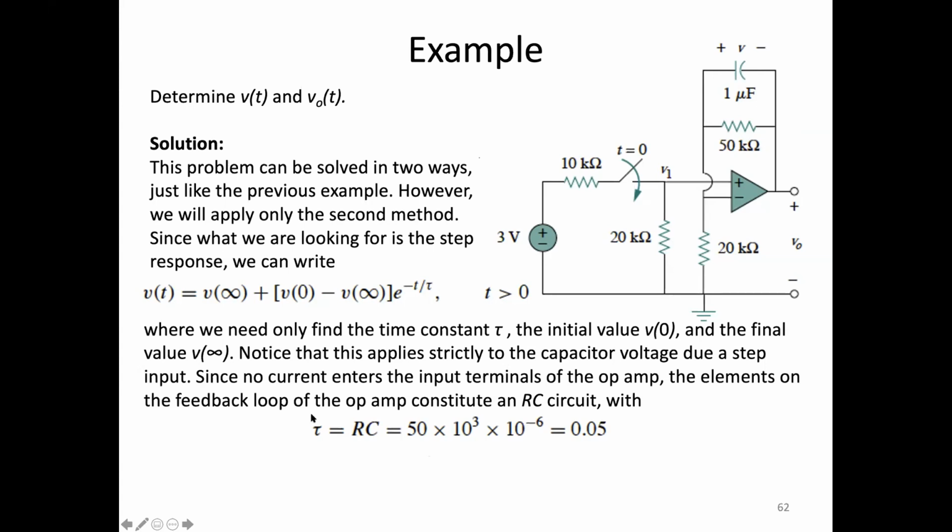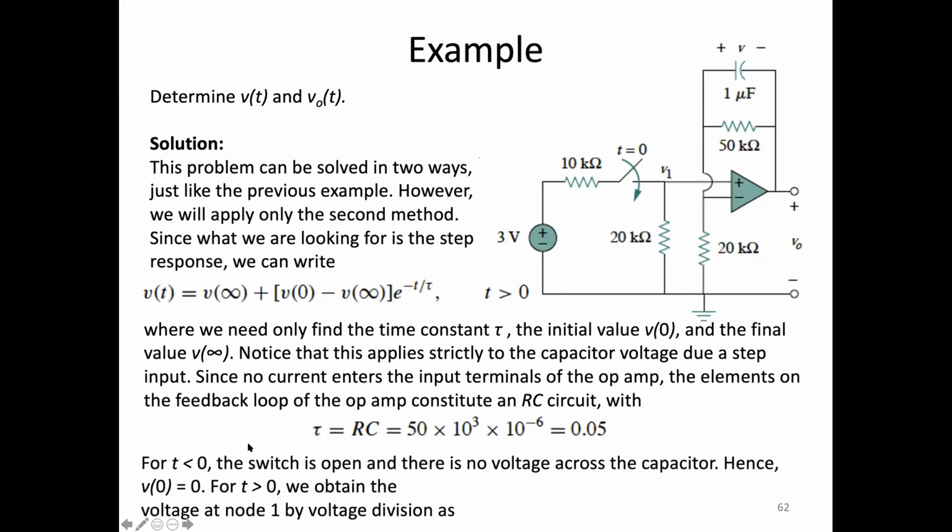So the feedback loop of this op amp constitutes an RC circuit with a time constant of 50 milliseconds. So right away we have our time constant. And notice that before time 0, there's no input into the circuit, and therefore the initial value of V naught is just equal to 0. There's nothing energizing this circuit before the switch goes from the open position to the closed position.